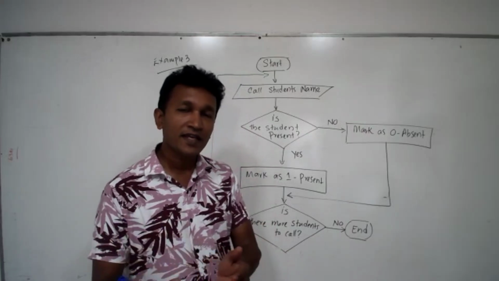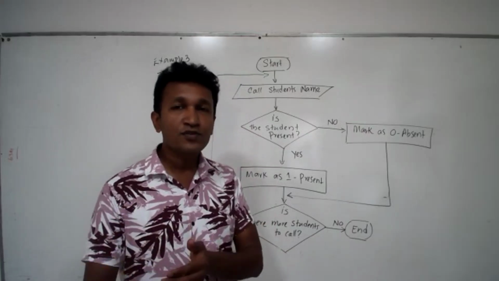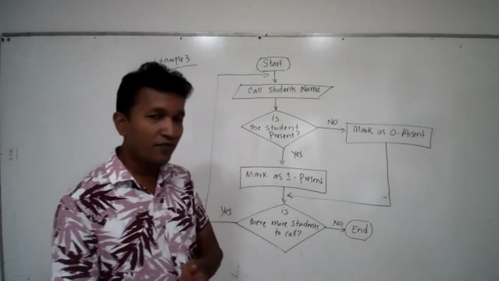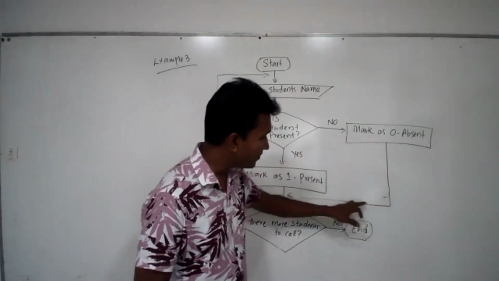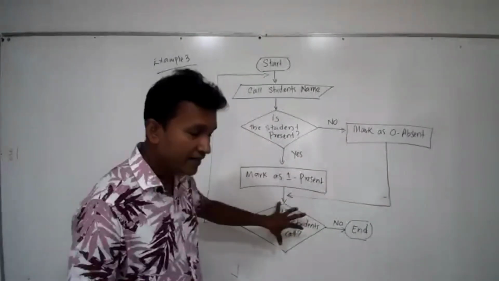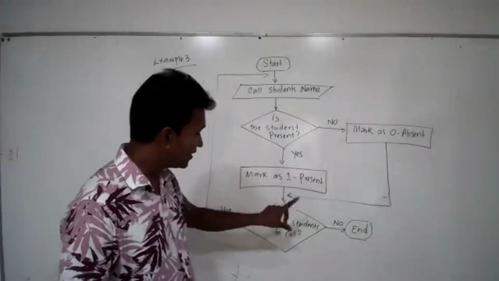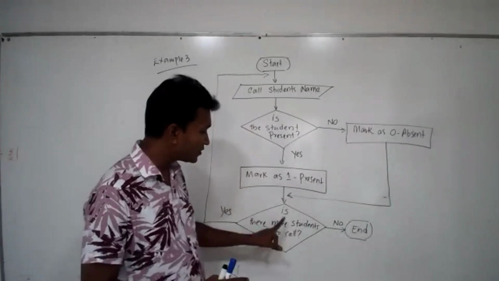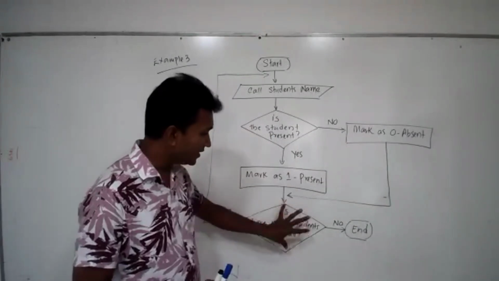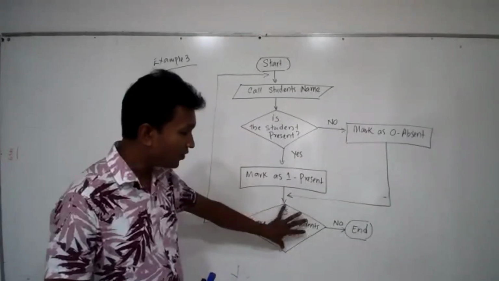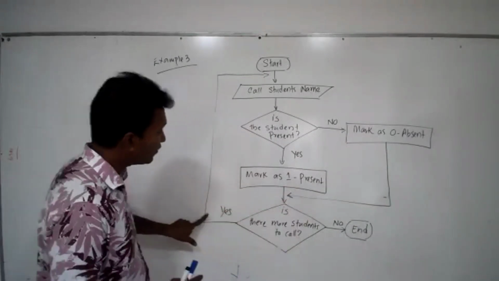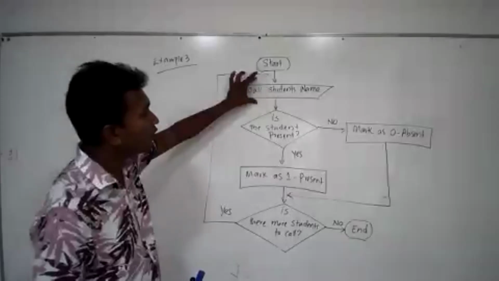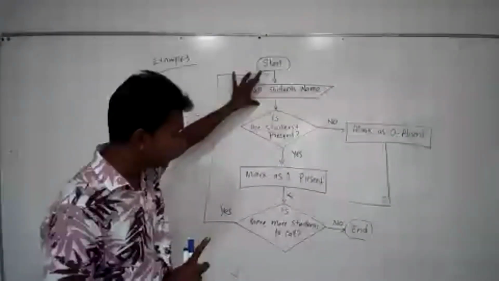We want to check, are there any more students to call? Therefore, after this step, we want to check, is there more students to call? If it is yes, we want to go here and call that student name.